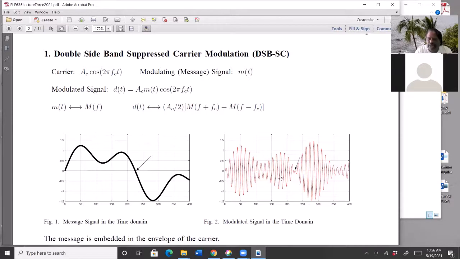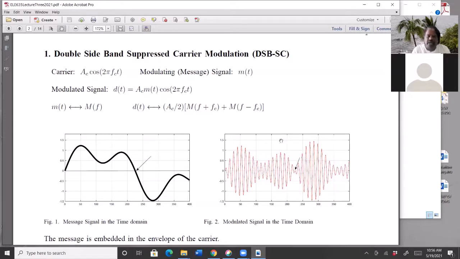So this is the modulated signal. This is what is connected to the antenna and then transmitted. So the message signal is embedded in the envelope of the carrier. Terminology, this thing is called the envelope.